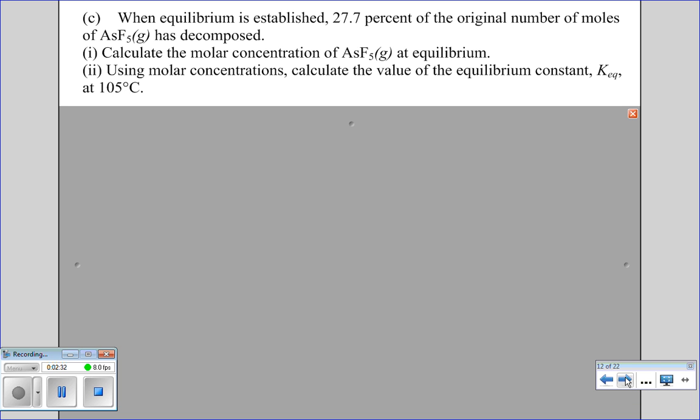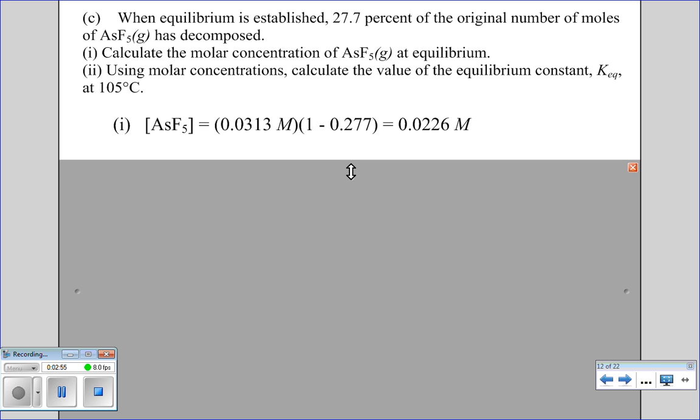Once you get to equilibrium, 27.7% of the original number of moles of arsenic pentafluoride is gone. So what's the molar concentration of arsenic pentafluoride at equilibrium? And then using those molar concentrations, calculate the value of K. So the first piece of this is very straightforward.